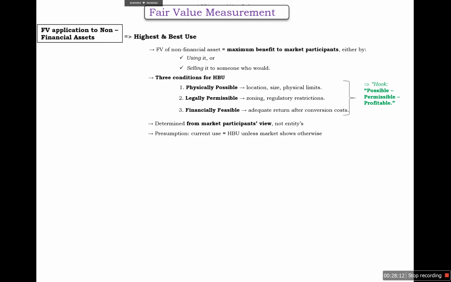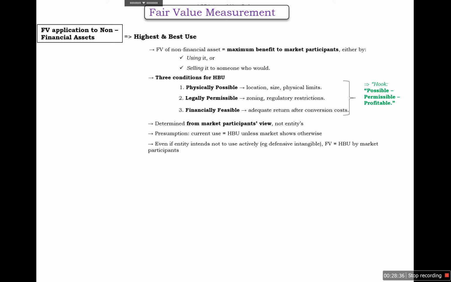For me, the entity, that is the best use. But the market participants think that they will get the land usage changed, and they will create a very good complex over there. So the best use will be the complex, because we need to think from the market perspective, not the owner's perspective.